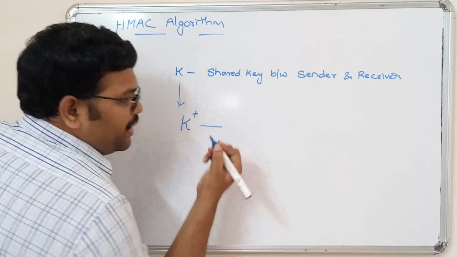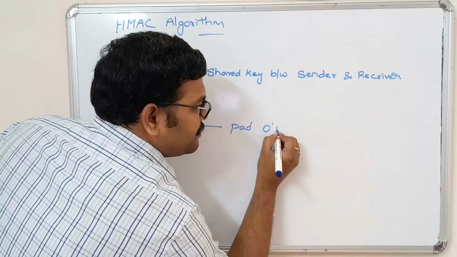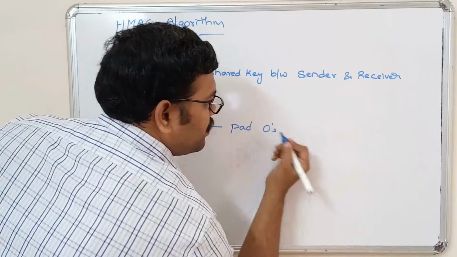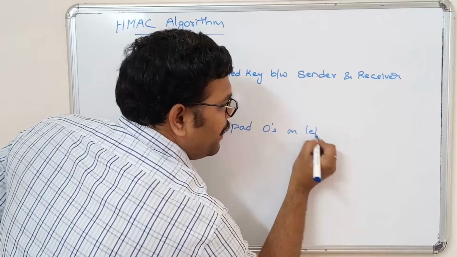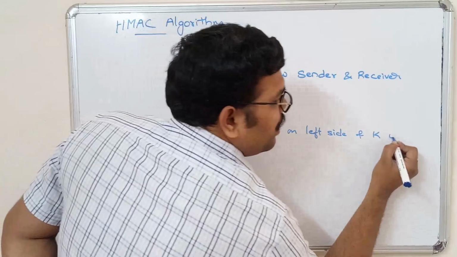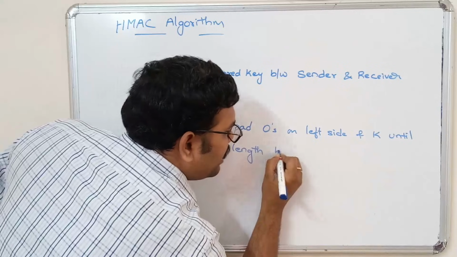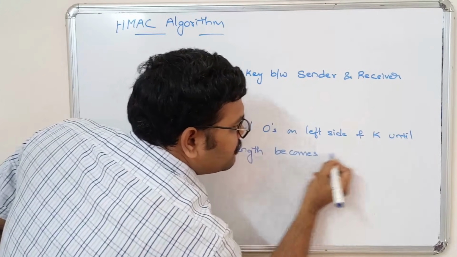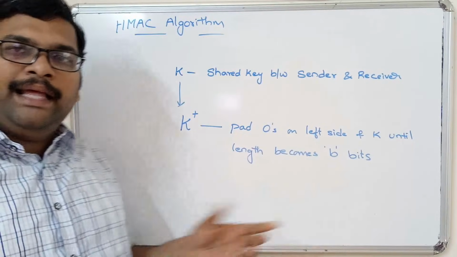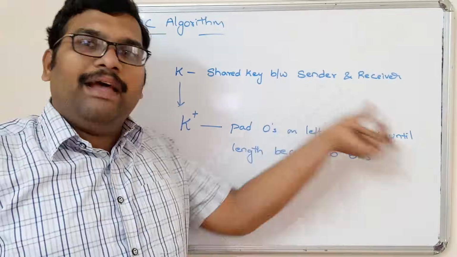For getting K plus, we have to pad zero bits, or zeros, on the left side of the key until the length becomes B bits.